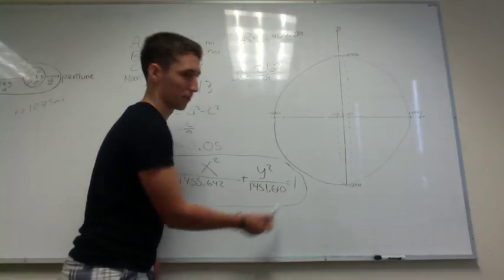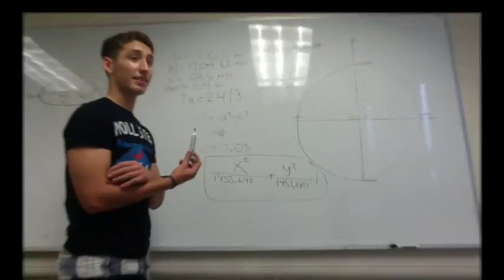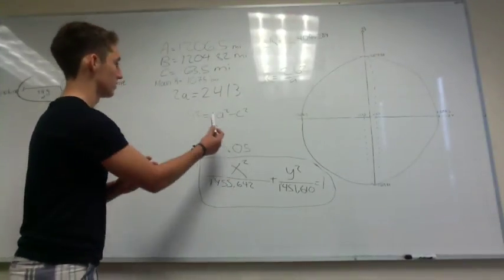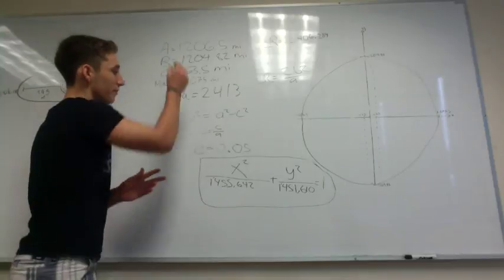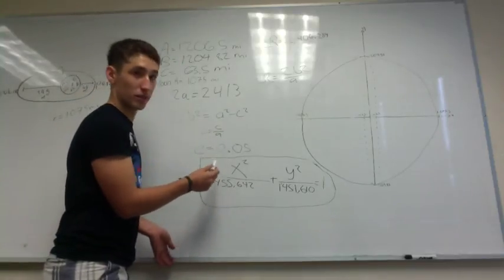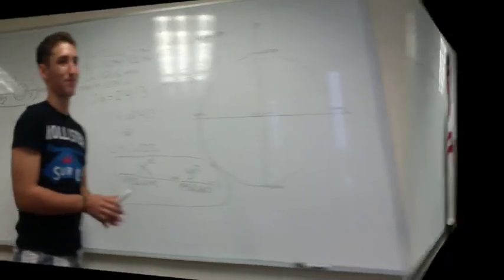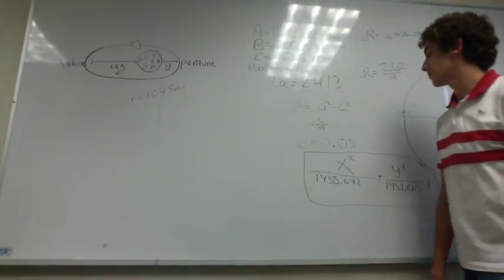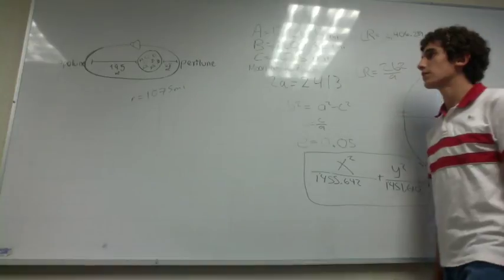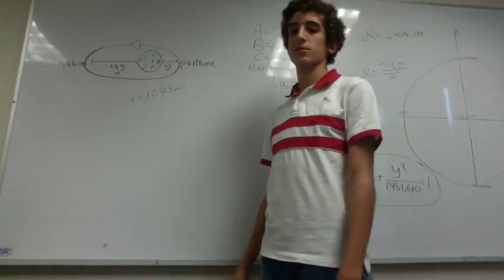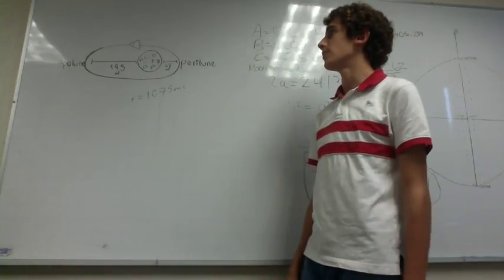And this is equal to 1 because it's an ellipse. And the eccentricity, which is c over a, gives us 0.05, which means almost a circle because it's close to 0, but it's not 0. So we can use this type of formulas to not only get satellite orbitals, but also planet orbitals.